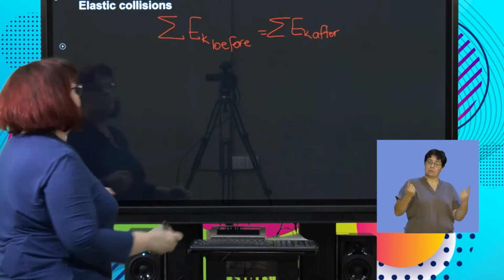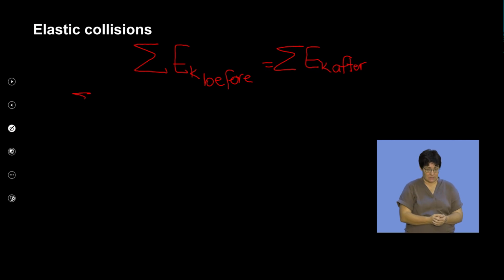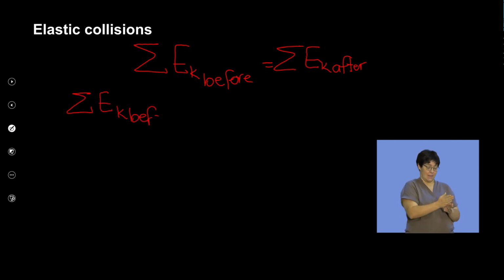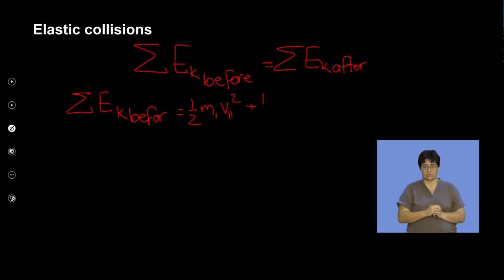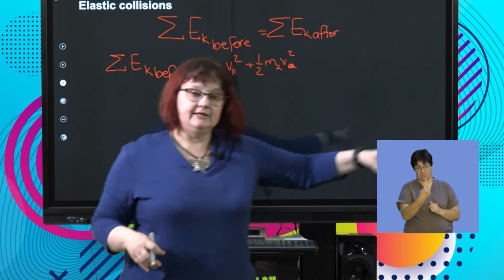So that means the sum of the kinetic energy before will be equal to a half mass of the first one times its initial velocity squared plus a half mass of the second one times its initial velocity squared. We have to do that calculation first and separately.